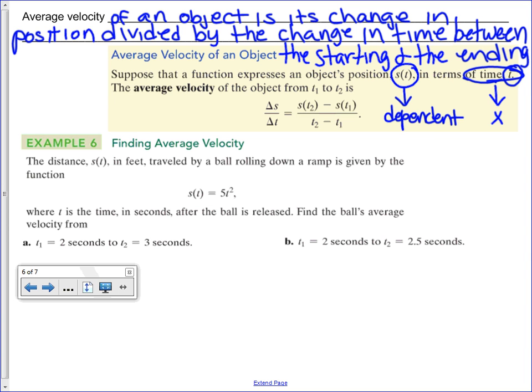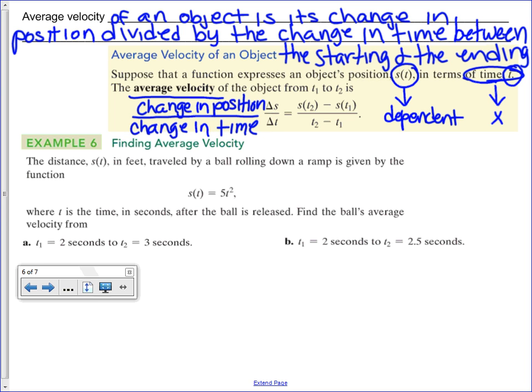Now, the formula that we're using for average velocity is the same formula that we're using for rate of change, or the same formula that we use for slope. It's just written differently. So delta S is the change in position divided by delta T, which is the change in time. Okay, so let's look at example 6, finding average velocity.